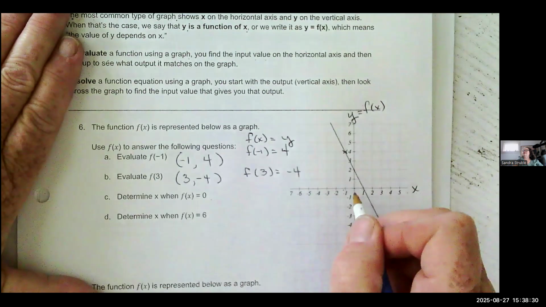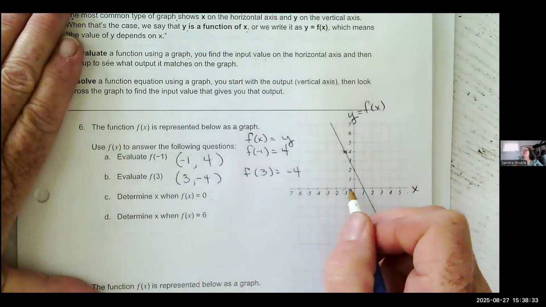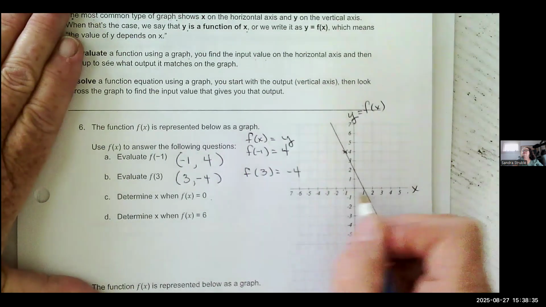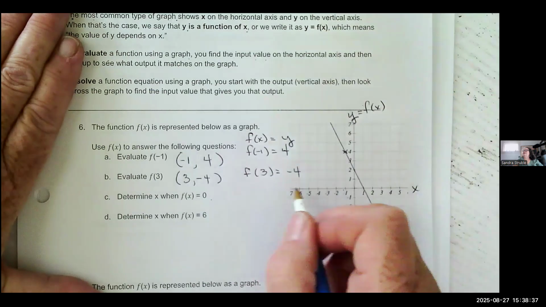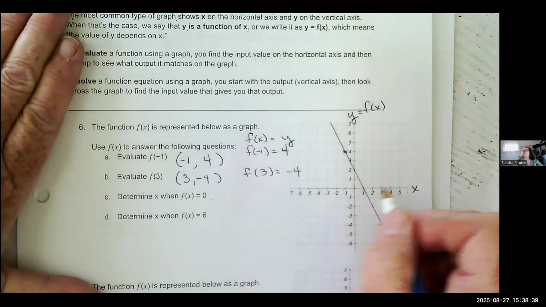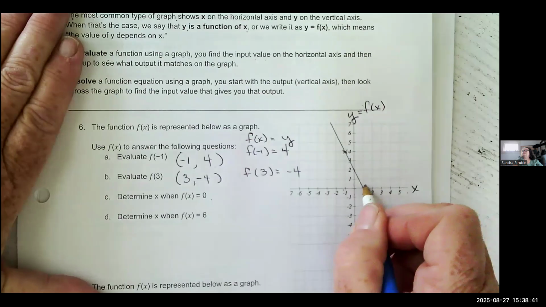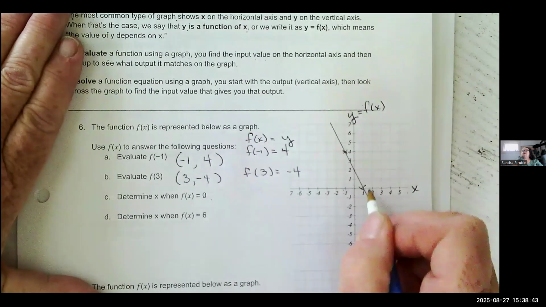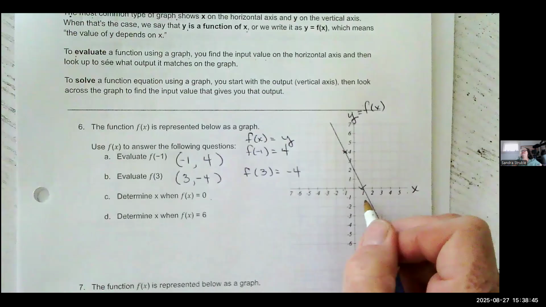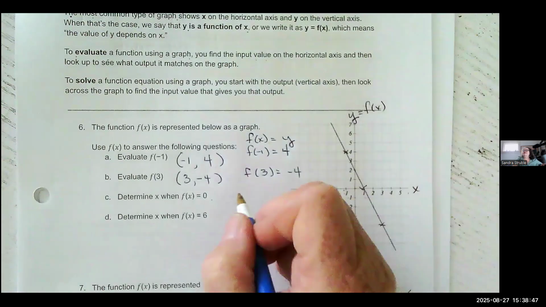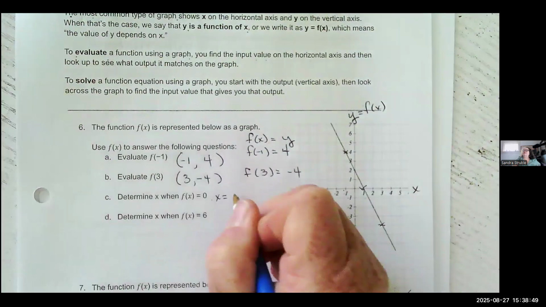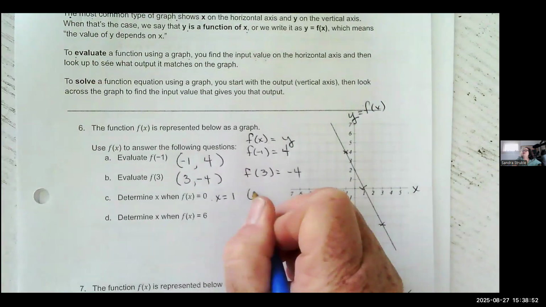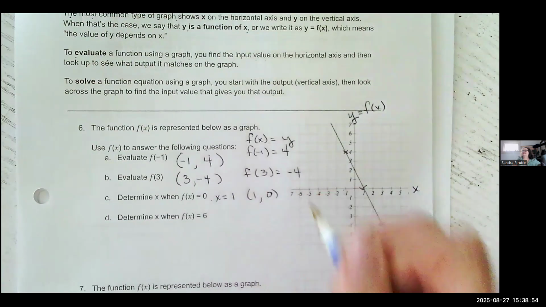We have to just come up here and find out. The x-axis itself is 0 for y. So where is it hitting on the x-axis? Right there. And what value is that for x? That is 1. So x equals 1, or you could write 1, 0.